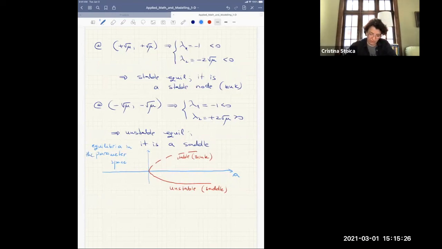Okay. And now if I want to draw the phase space, right, we had these two equilibria, so I'm going to squish it into here. So in the phase space, if this is X, this is Y, we had one here, let's say, so for mu positive, yeah? So we have root mu. So one equilibrium is up here, and the other one is here.